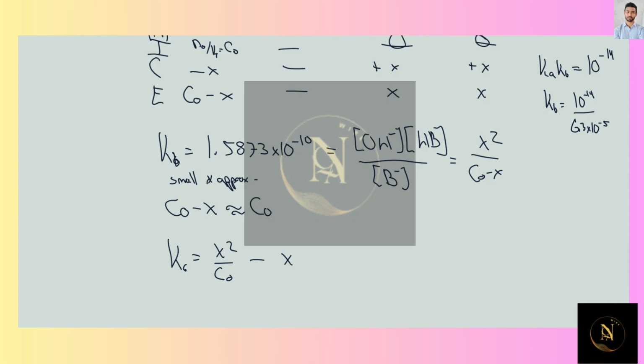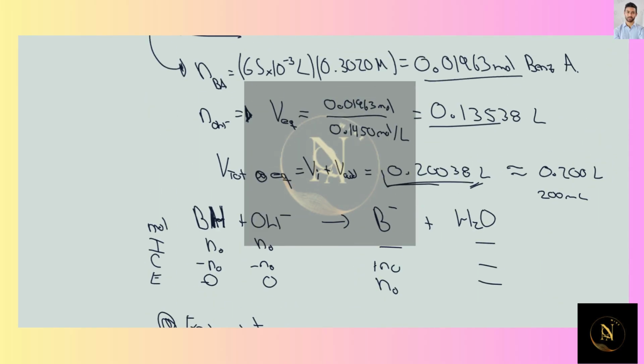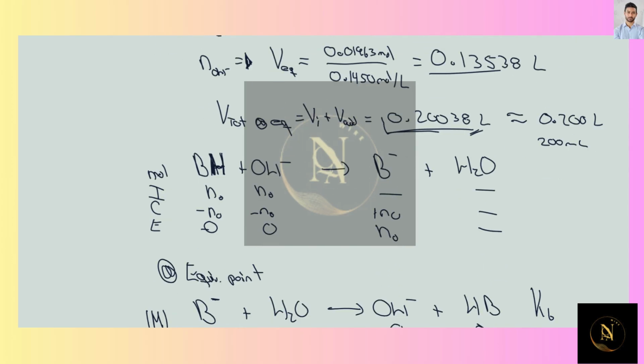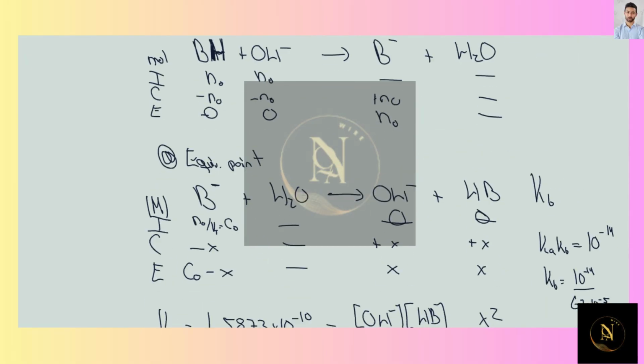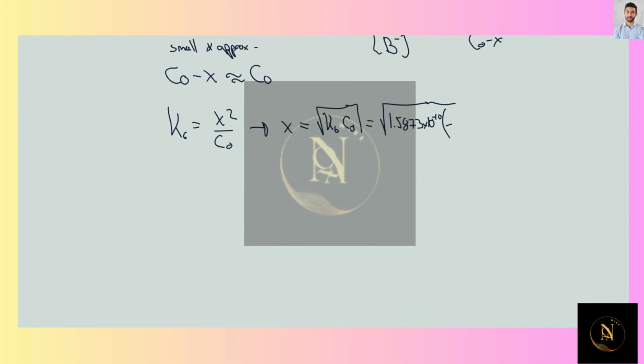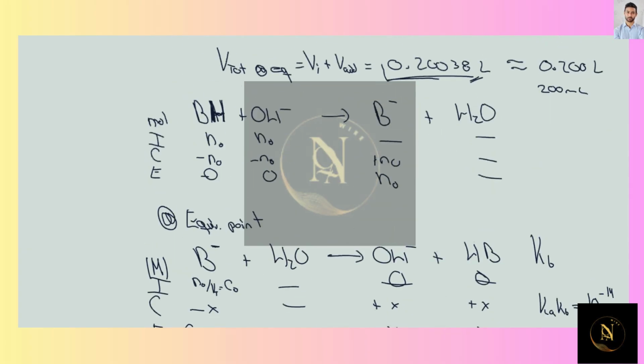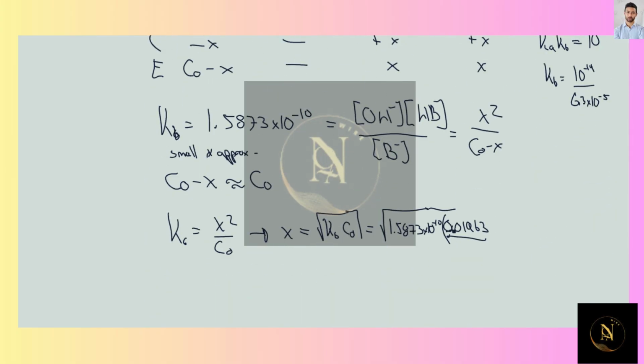So, the value for x would be the square root of Kb times my initial concentration, which is the value that we just calculated, 1.5873 times 10 to the minus 10, times the amount of mole that we're going to have at equilibrium, 0.01963, over my total volume, which was equal to 0.2 liters.